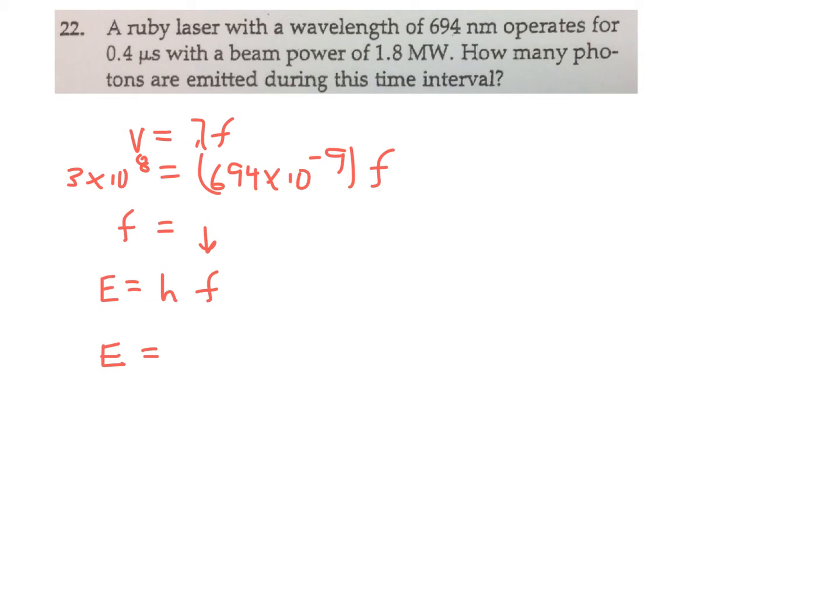Now, from previous units, we know that power equals energy over time. And they're telling you the power of this beam is 1.8 megawatts. That's 1.8 times 10 to the 6th joules per second equals the energy over the time of 0.4 times 10 to the negative 6, that's microseconds.